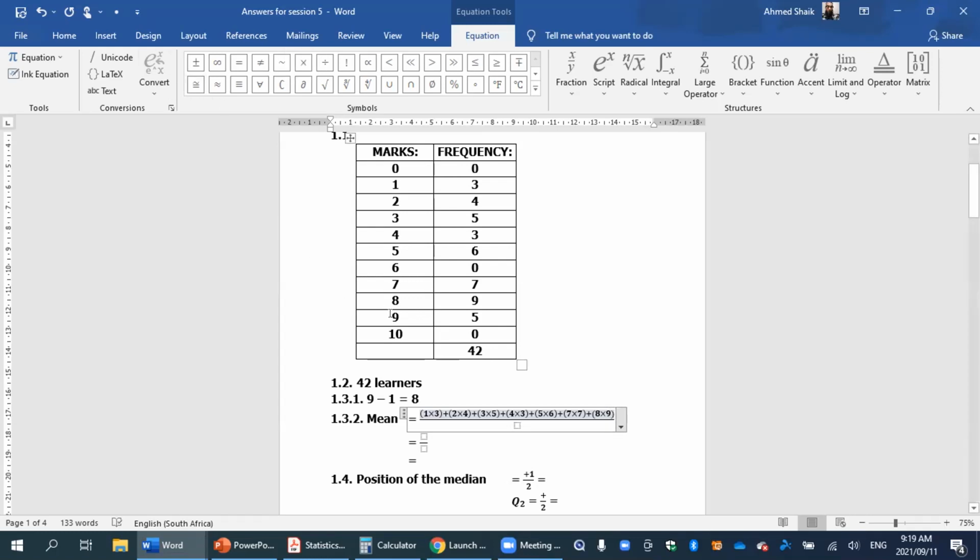And if we're looking at the next set, we have 9 times 5. And the next set, we've got 0 amount of mark 10, so we do not need to add that into our calculation.